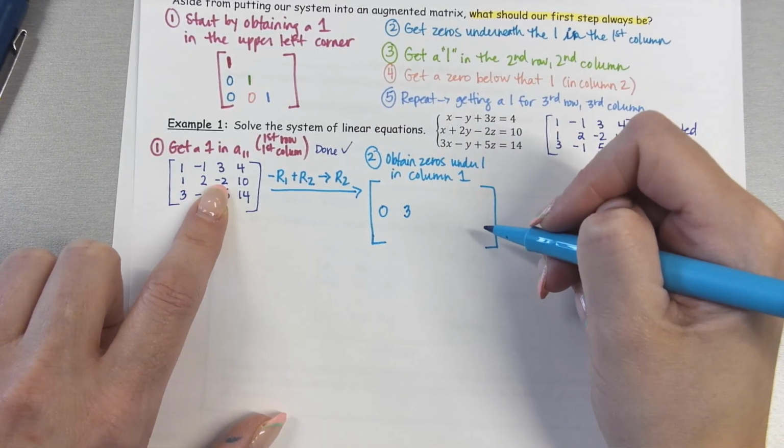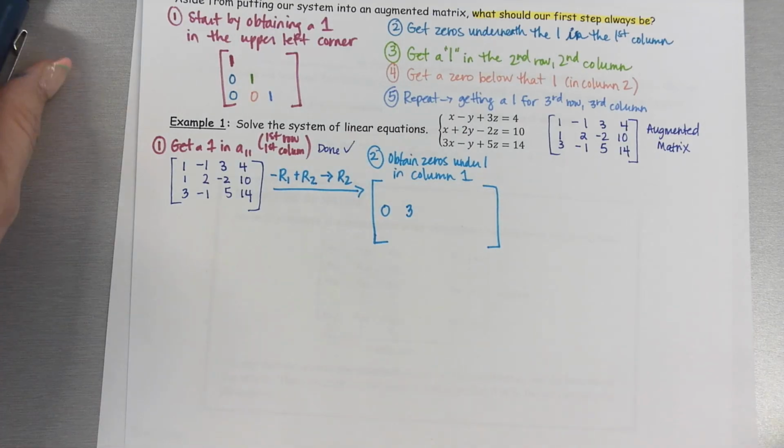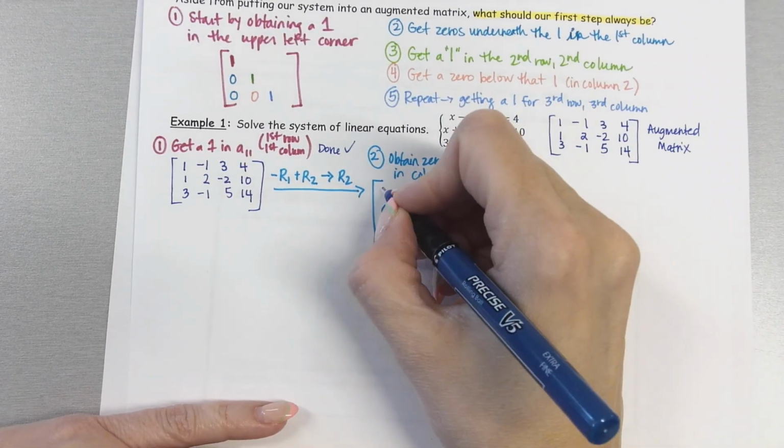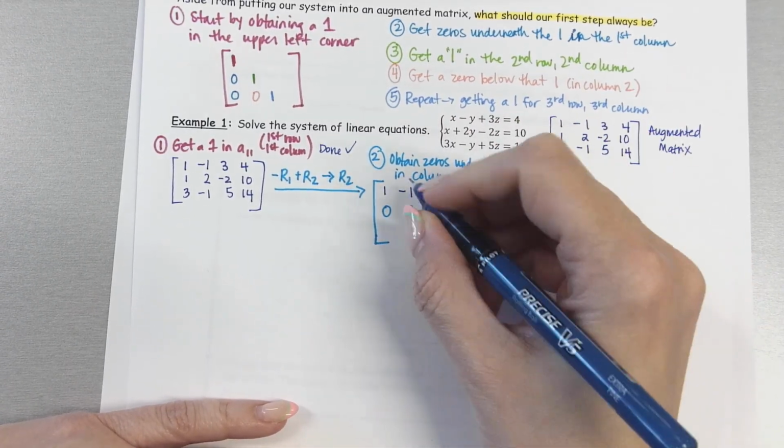All right, I'll have you try the next two. Find the next two values there. And once you've done that, the other rows, nothing changed, so we can just put those there.